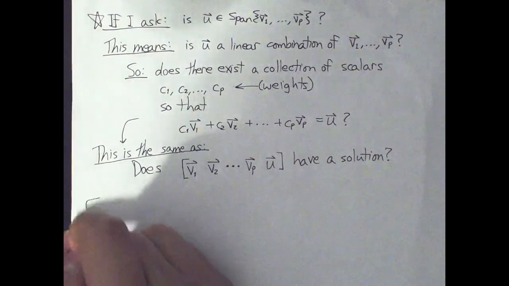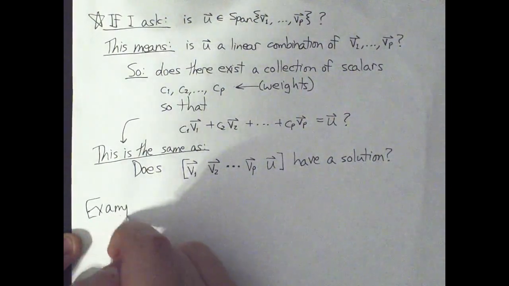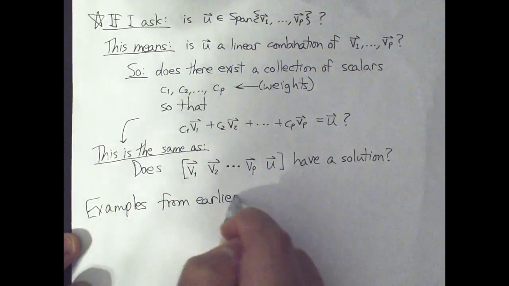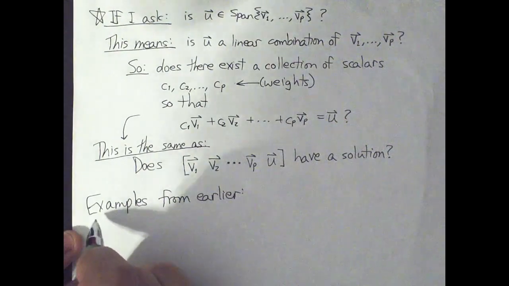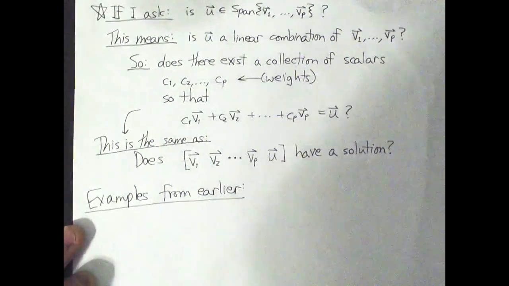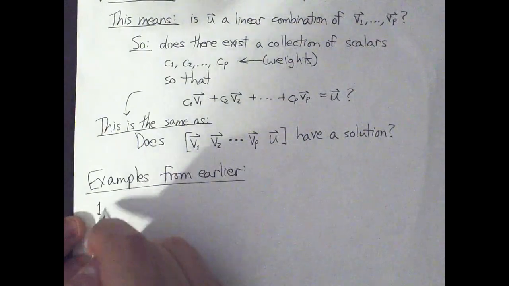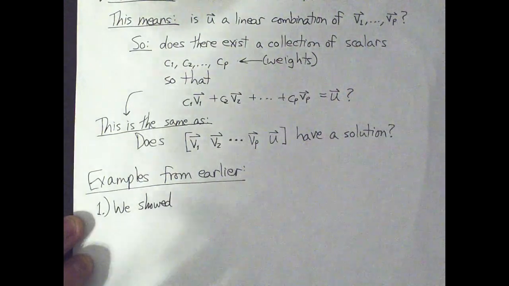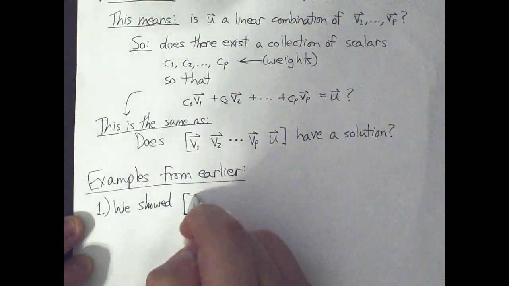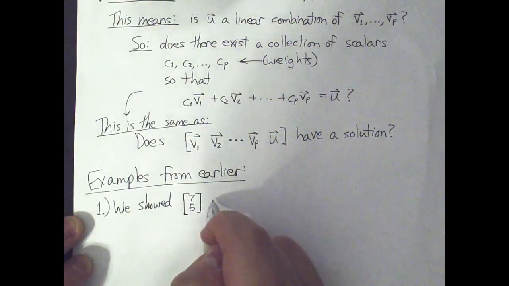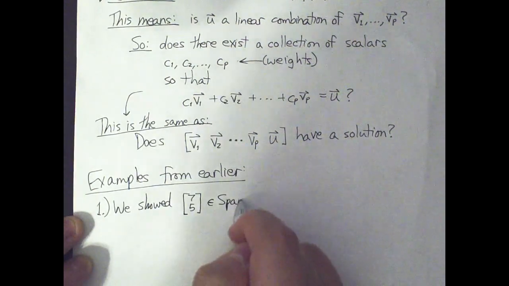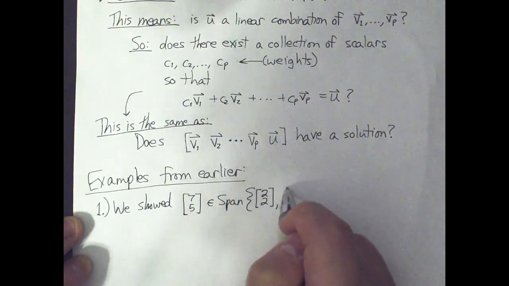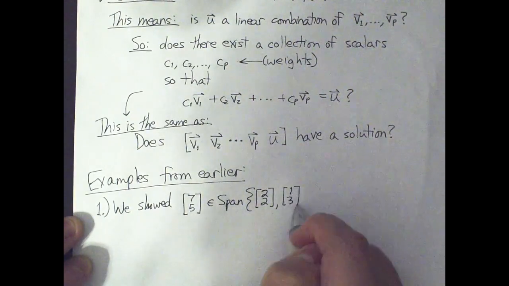So, examples from earlier. We're really just summarizing, because these were two examples that we already talked about. Number one, we might not have been using this terminology, but we showed that the vector (7, 5) is in the span of (2, 2) and (1, 3).